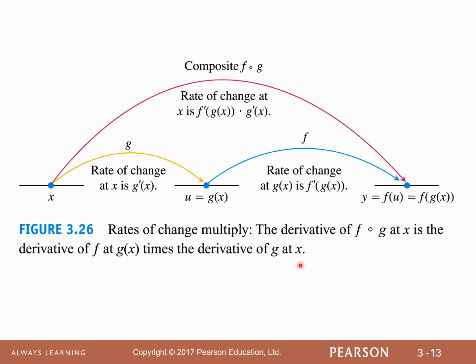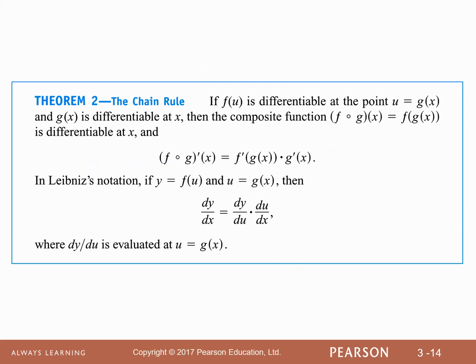That's just a basic summary. We have an important theorem about this composite function. It's called the chain rule, theorem number 2.